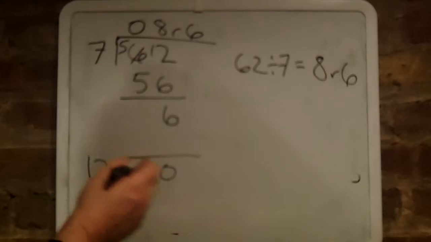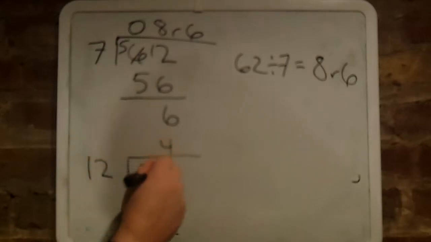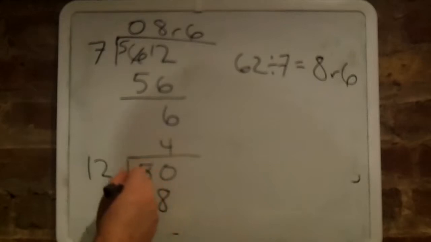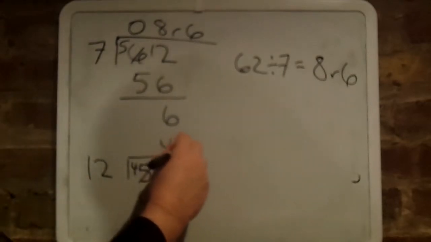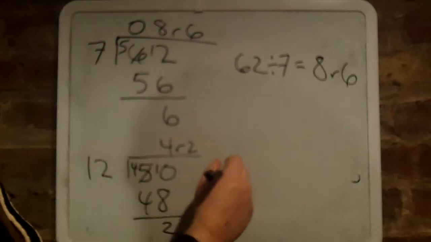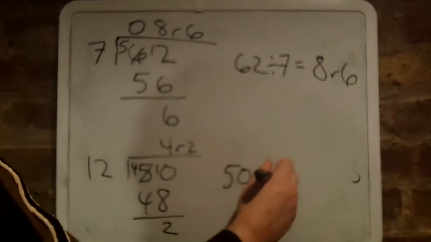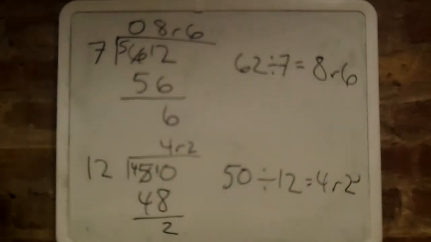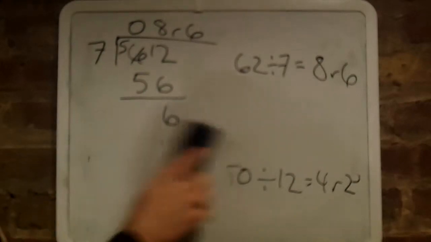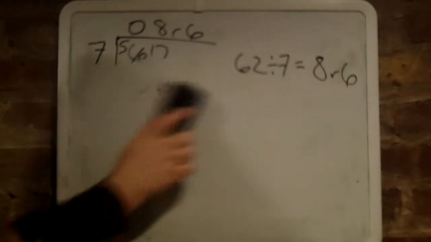So since 5 times 12 is too big, it would have to be 4. 10 minus 8 is 2. So our answer is going to be 4 remainder 2. We'll revisit long division in a future video when we talk about decimals.